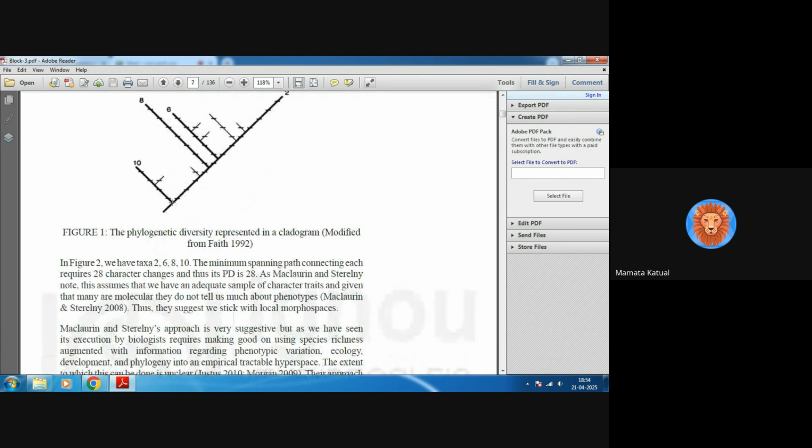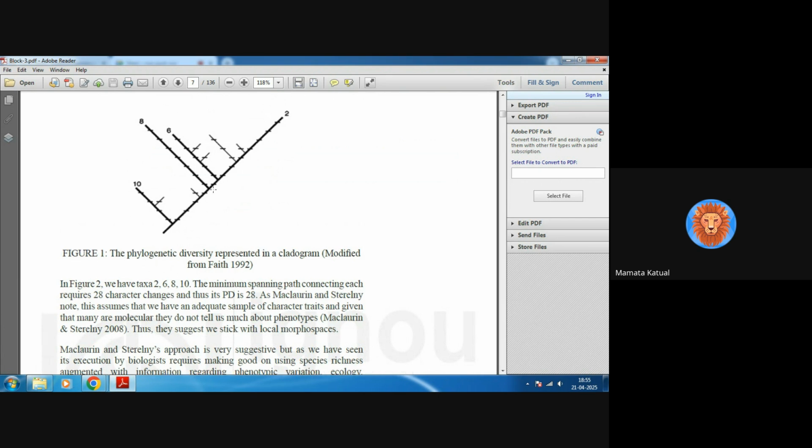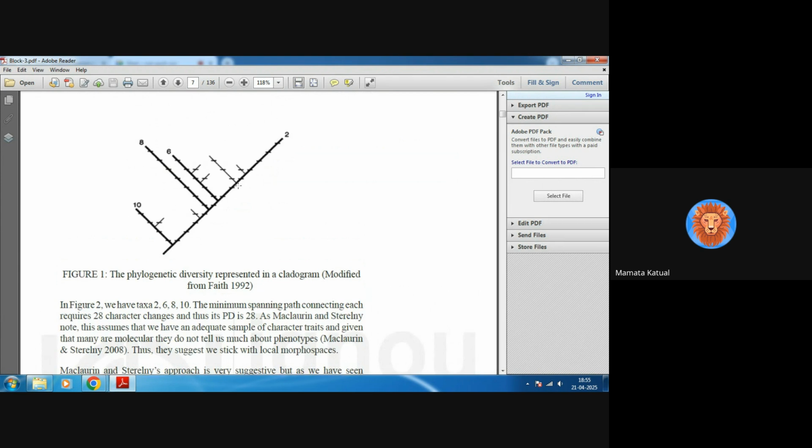So at the branch point is the ancestor, and at the tip of the branch is the descendant. You can find the branches having different lengths. You can see here the species 10 or taxa 10. Then next there is a branch, it is small. Then next the branch number 8, it is longer than the 10. Then there is a branch number 6. Then another small branch.